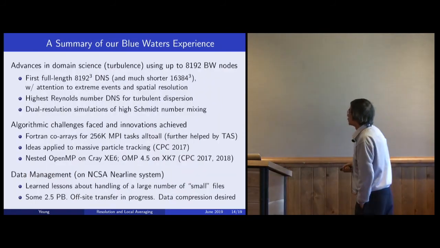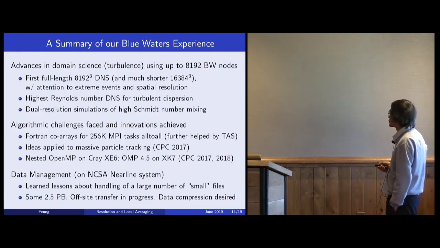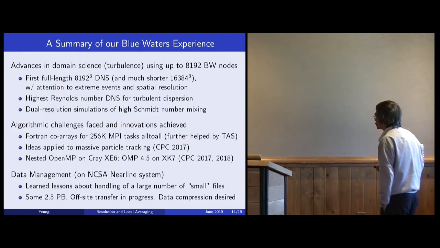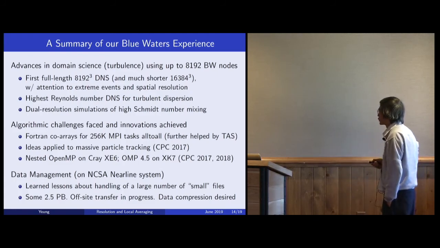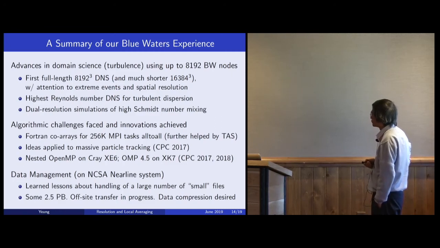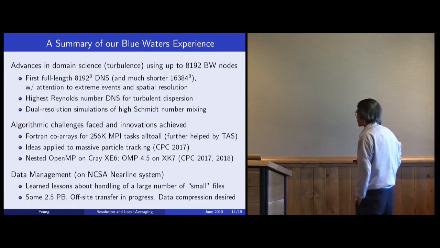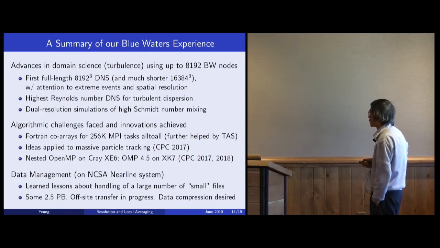And a summary of our Blue Waters experience: I think we have made some advances in the domain science of turbulence, involving extreme events, dispersion, and also turbulent mixing. We have faced and overcome, to some extent, some of the challenges in scalability. And we actually produced 3 papers based on the algorithms.